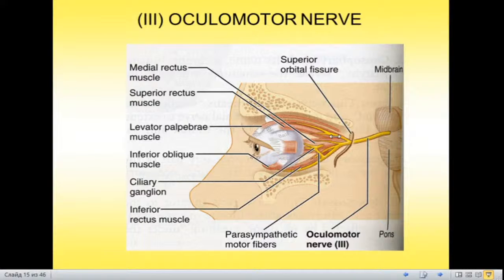But they are the motor component. As you know, the oculomotor nerve also has parasympathetic fibers, and these fibers also supply muscles of the eyeball, but smooth muscles, which are the sphincter pupillae muscle and musculus ciliaris.